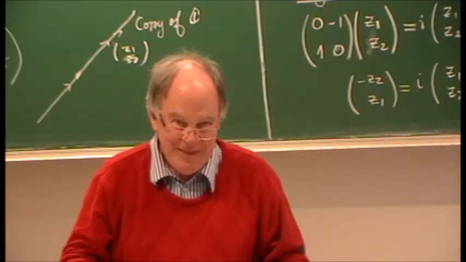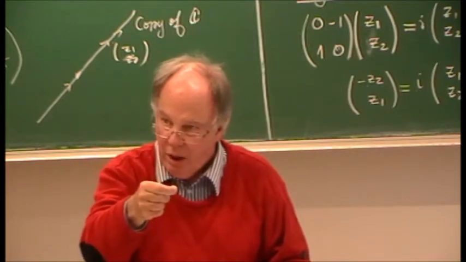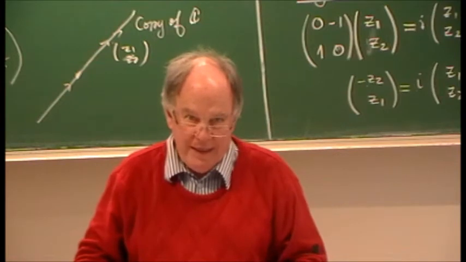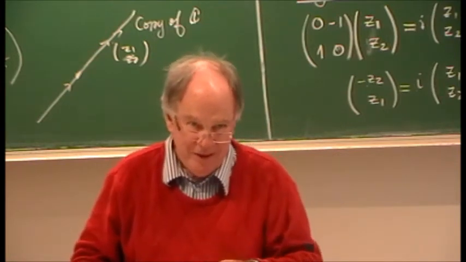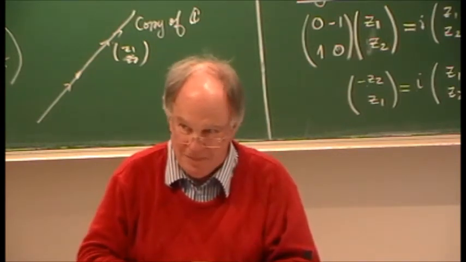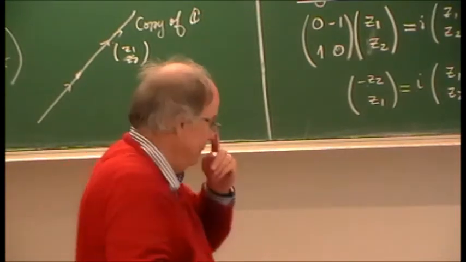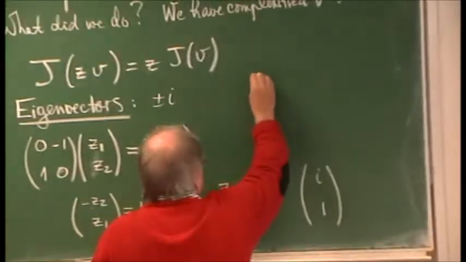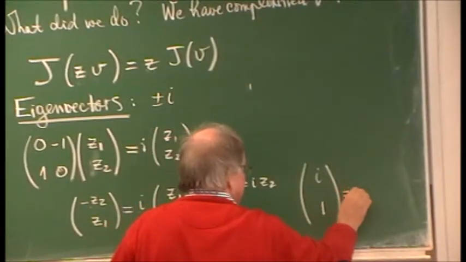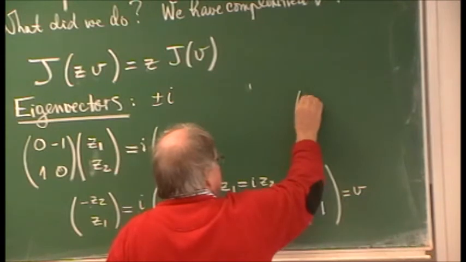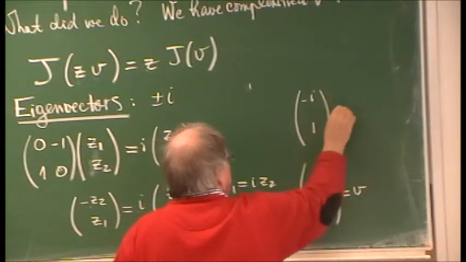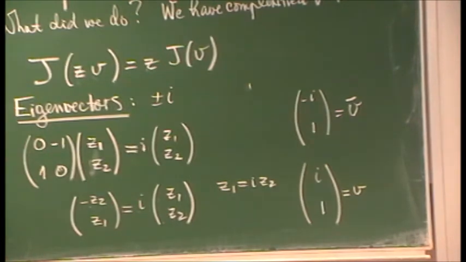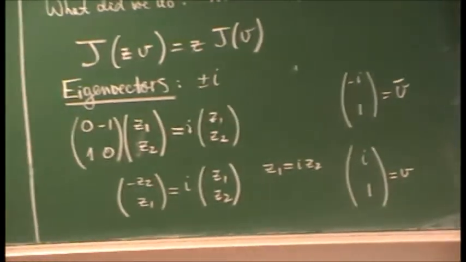So it says A of v bar equals lambda bar v bar. So not only do the eigenvalues come in pairs, the eigenvectors come in pairs. Okay. So let's say this is v, and this is v bar, and these are the two eigenvectors.